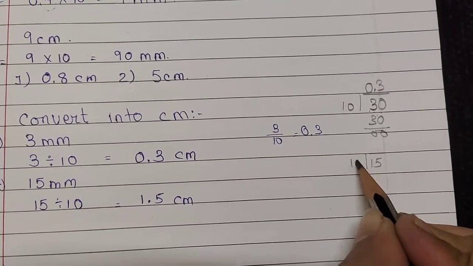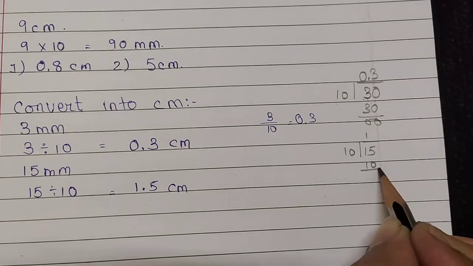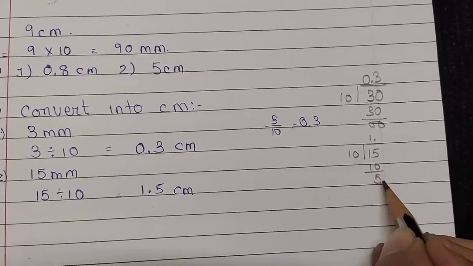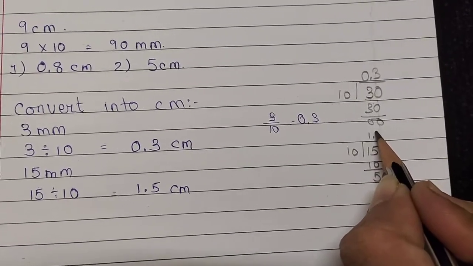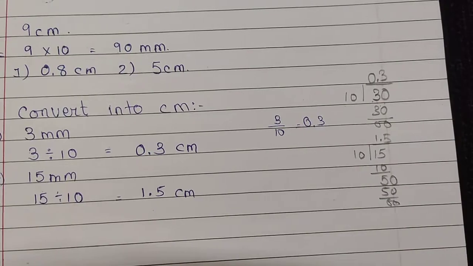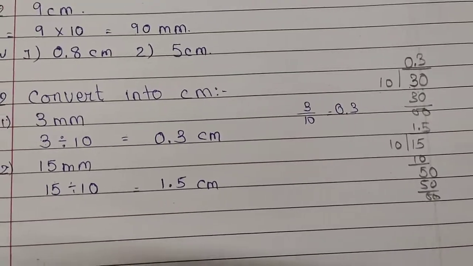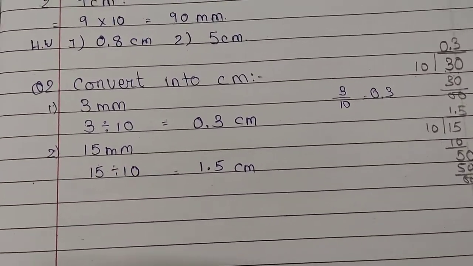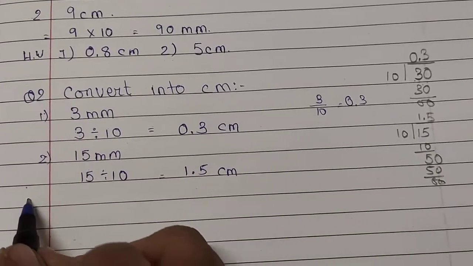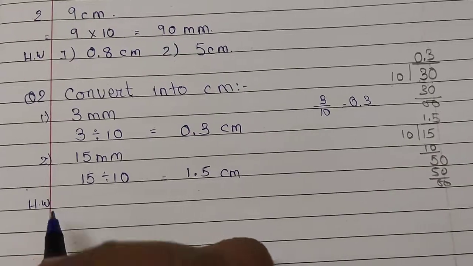15 divided by 10. 10 ones are 10, remaining 5. Number is there, putting a point here. Let's take a decimal. 10 fives are 50. Remainder 0. So we get 1.5 centimeter. Understood, students? Now I will give you homework in this question also. Here also in homework I will give 2 sums.